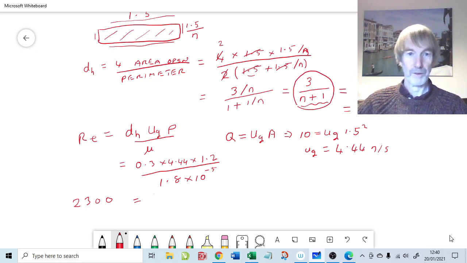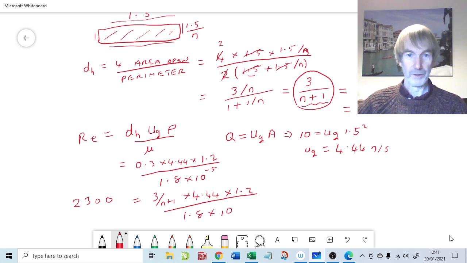So we have an equation here which is 3 over n plus 1, times by, this will always be 4.44 regardless of the number of trays that we're using. This will always be 1.2, again regardless of the number of trays using, and the viscosity is also a constant.